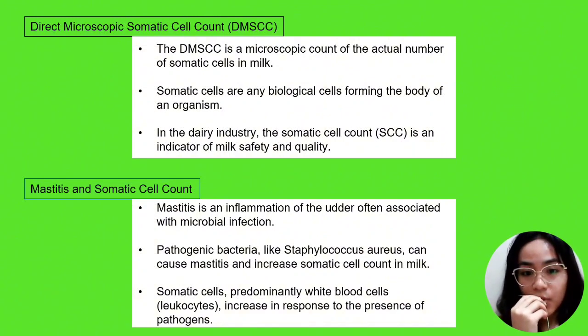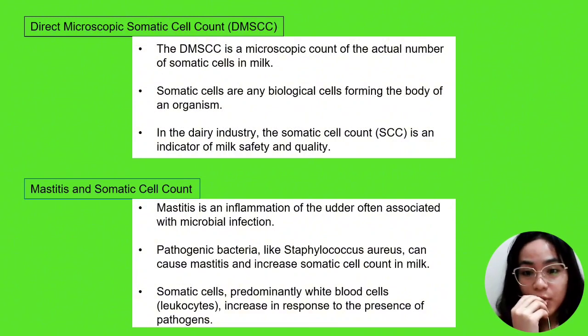Next is mastitis and the somatic cell count. Mastitis is a common condition in dairy cows where the udder becomes inflamed, usually due to bacterial infection, as I've said a while ago. Pathogenic bacteria such as Staphylococcus aureus can cause mastitis. When a cow has mastitis, the somatic cell count in her milk increases.